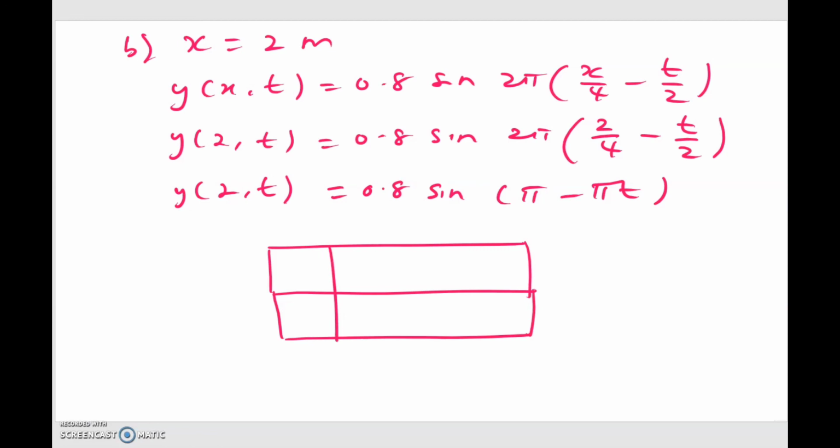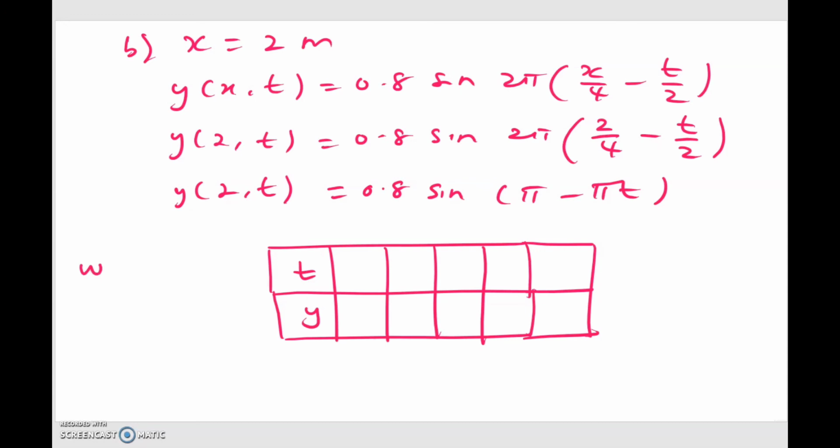So you make a table. We have t and y. Okay. So to find T, we have T is one complete oscillation, one period.